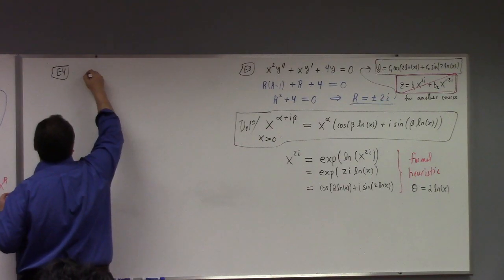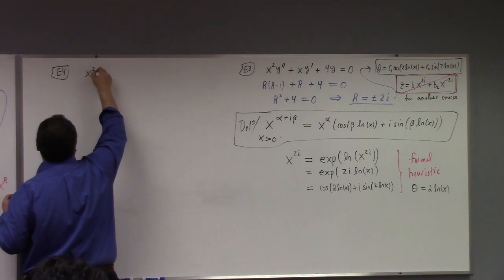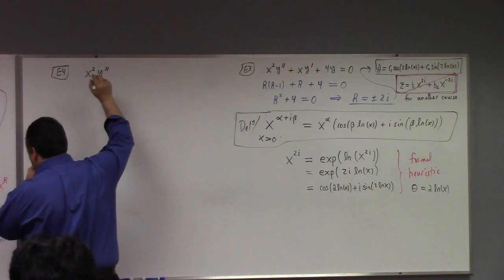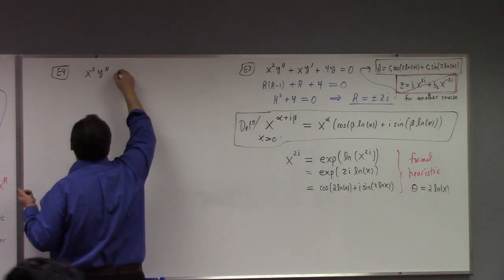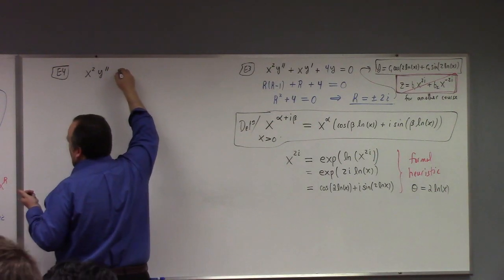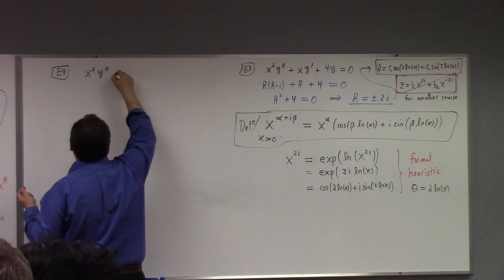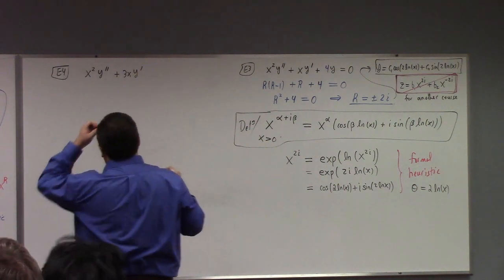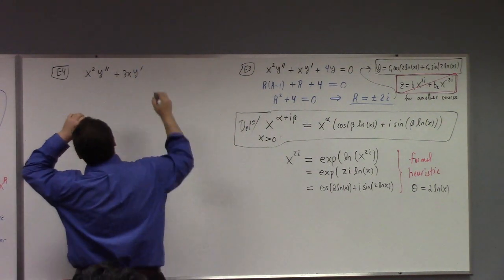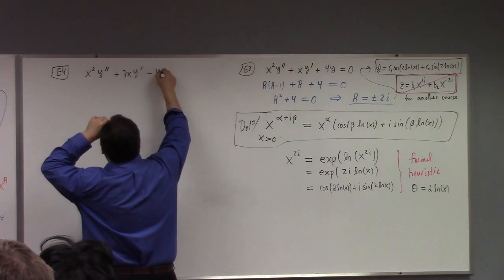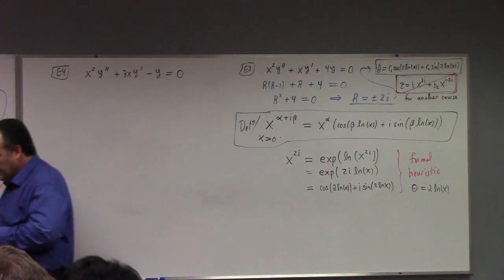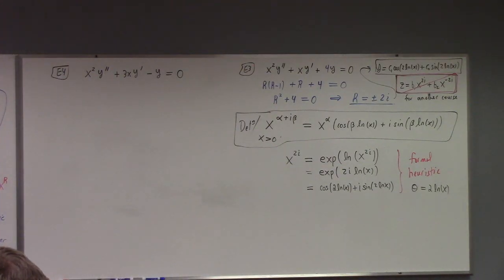Suppose we were up against x squared y double prime plus 3x y prime minus y equals 0. Can we solve this one? So the opening move here.